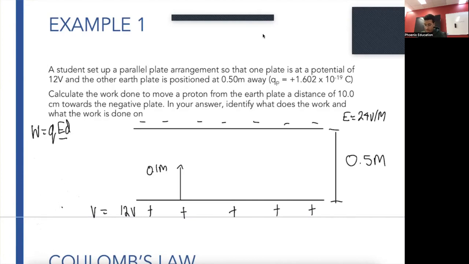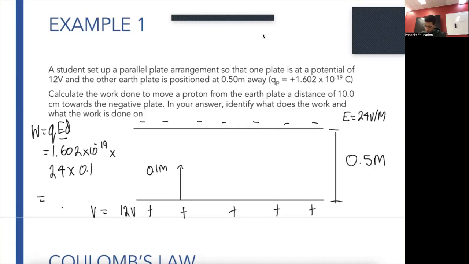Okay, and we'll just simply sub in all our information. So we know that Q given in the question is 1.602 times 10 to the power of negative 19, but that's also given on our reference sheet. So we just write that down here. Times E is 24 times our distance the proton actually moves. So remember that distance, the distance the proton moves, is 0.1.